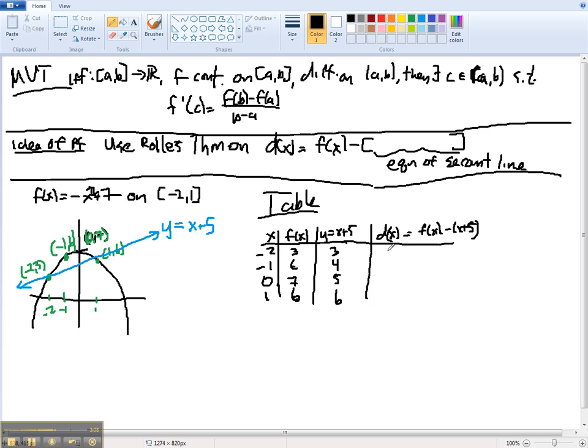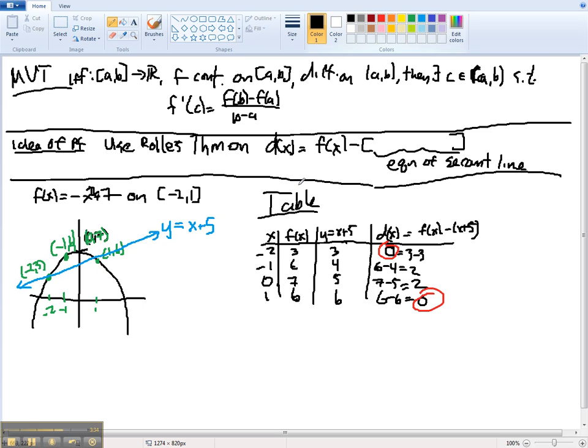So the y value of d of x at negative 2 is 3 minus 3, which equals 0. At negative 1, you get 6 minus 4, which is 2. Then 7 minus 5, which is 2. Then 6 minus 6, which is 0. Notice in particular, at the endpoints negative 2 and 1, I now get values of 0.